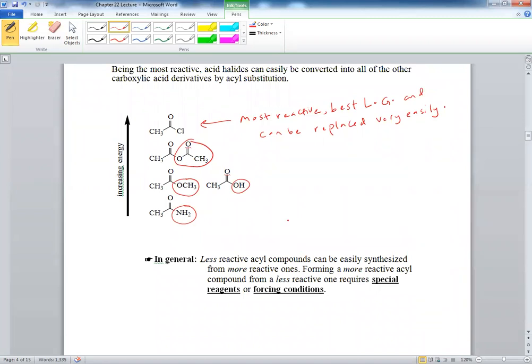So in this case, what we're trying to say here is that it's very easy to make an anhydride from the acid chloride because it's the most reactive. This is the least reactive.